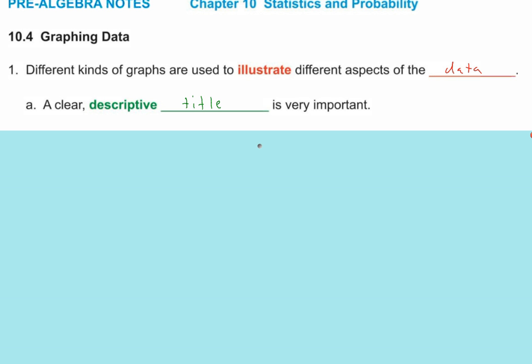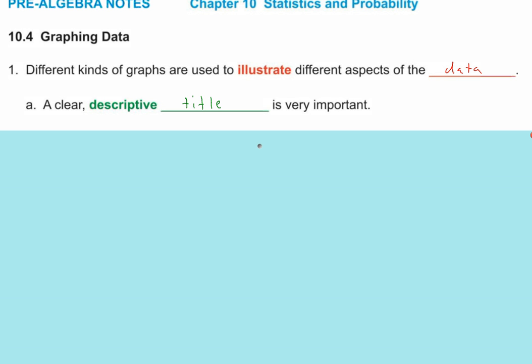So that's the way you want to make your title. When you have to make a bar graph or a broken line graph, make sure you give a nice capitalized, bold's a little hard to do using pencil or whatever, but again, you might want to press a little harder and make that title look nice, all right? You want a clear descriptive title.